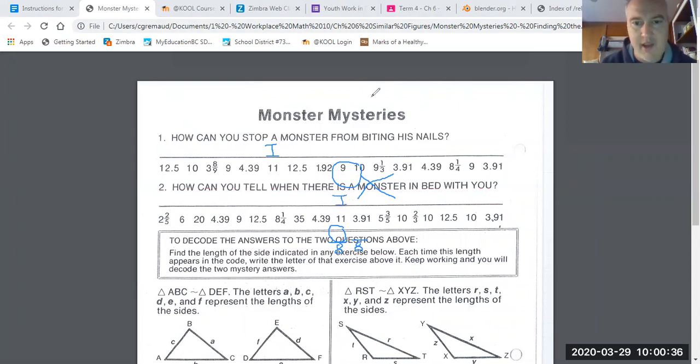As I progress through this assignment, we should eventually end up getting all of these letters filled in.